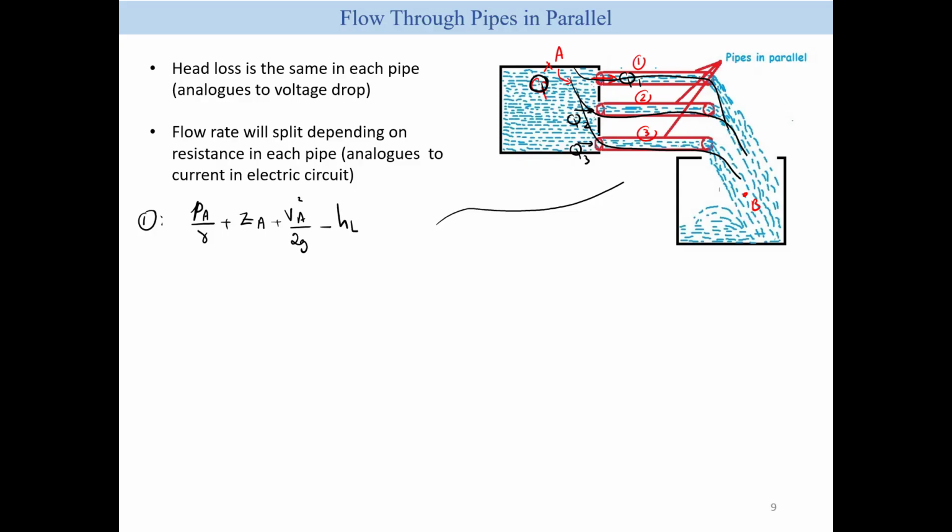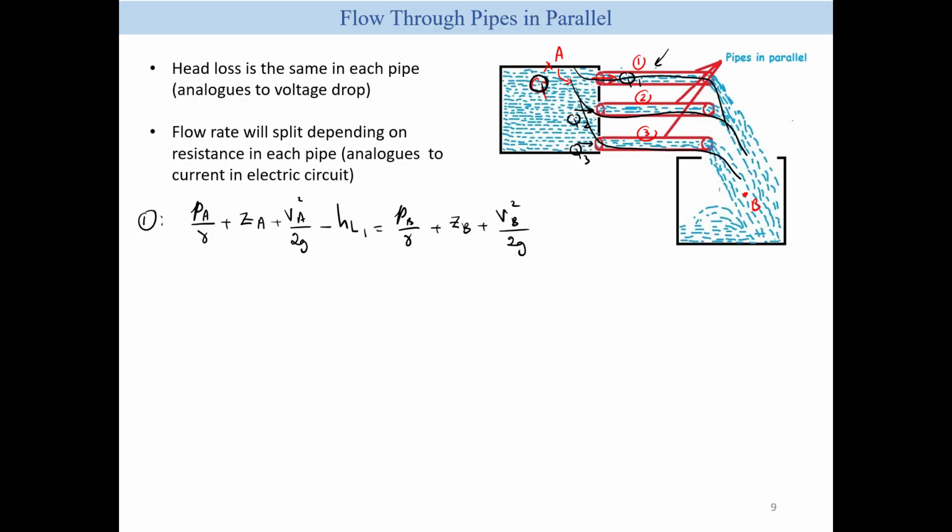As we mentioned, I'm going to neglect the losses inside the tank, so I only have the loss through the pipe that I'm going through, which is head loss number 1. That's equal to PB divided by the specific weight, plus ZB, plus VB squared divided by 2g.